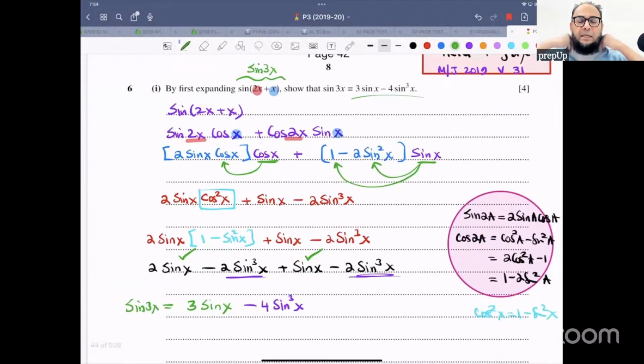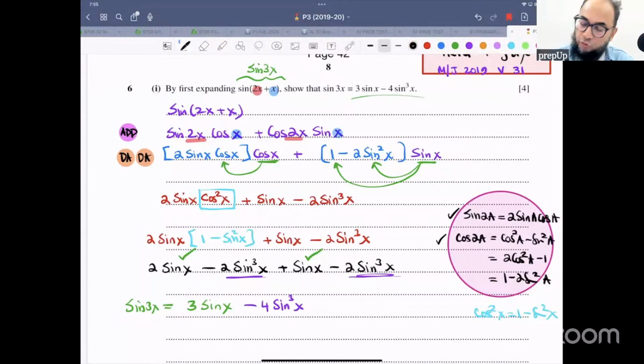Now let's look at the thing that's right in front of you on the screen, and what you can see are the different identities that I have used. Let me put some highlights over here. The first thing that I used was the addition formula. The second thing that I used, right over here, has been used twice: the double angle formulas for sine 2a and cosine 2a.